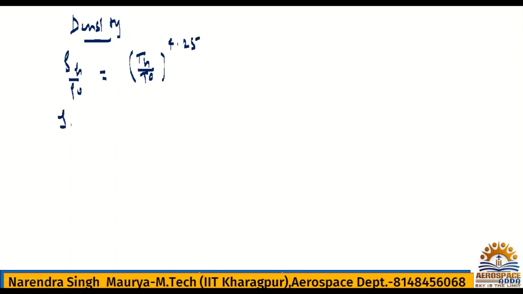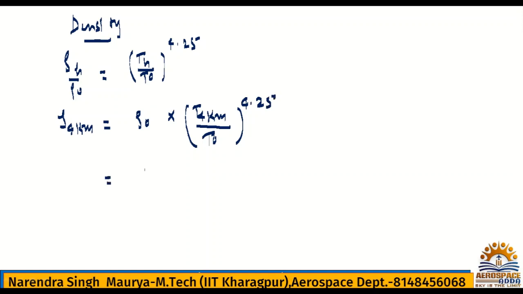Now we'll go for density. How to calculate density? Rho h by rho naught is equal to (Th by T naught) to the whole power 4.25. What is H? H is 4 kilometer. That is rho naught into (T at 4 kilometer divided by T naught) to the whole power 4.25. What is the sea level density? 1.22.